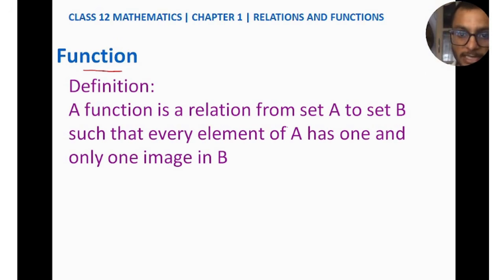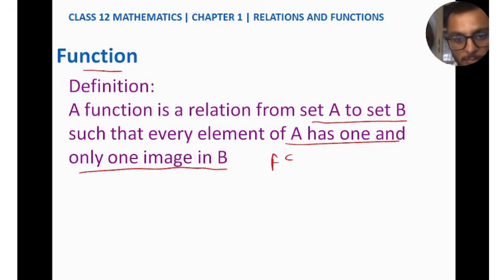A function is a relation from set A to set B such that every element of A has one and only one image in B. So a function is one type of relation, that is, a function is a subset of A cross B. We denote a function like this: f is a function from A to B.